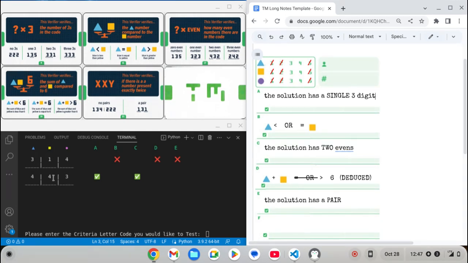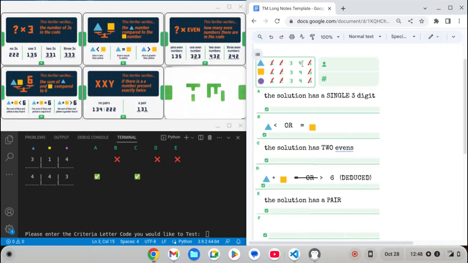Obviously, triangle, let's see, what failed? That was criteria card B. It failed to be that triangle should be greater. So let's see, maybe we can deduce it. I don't think triangle could be four, right?